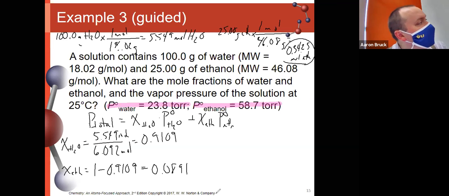I could have found the mole fraction of ethanol by taking that 0.5425, dividing it by 6.092. However, since there are only two components in that solution, if one of the components makes up 91.09%, the other one would make up the remainder, the 8.91%. So logically speaking, I could do subtraction, which is a lot faster than the division.